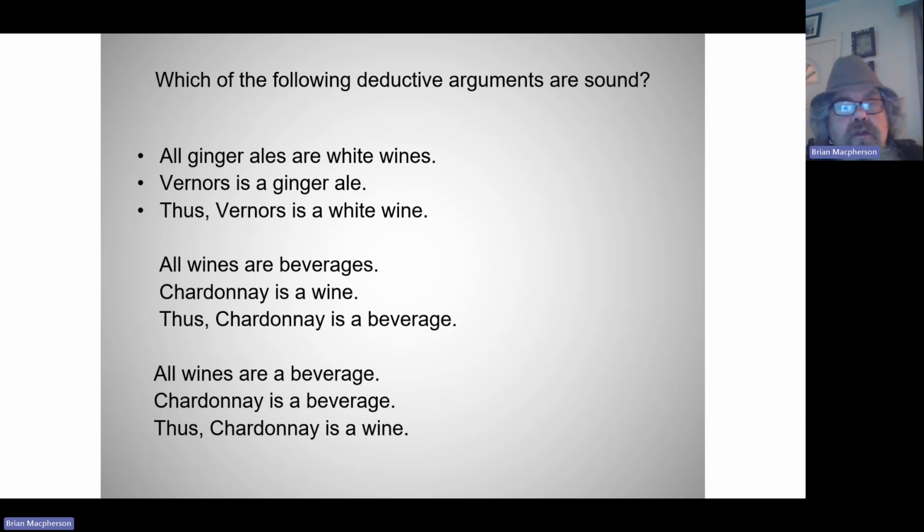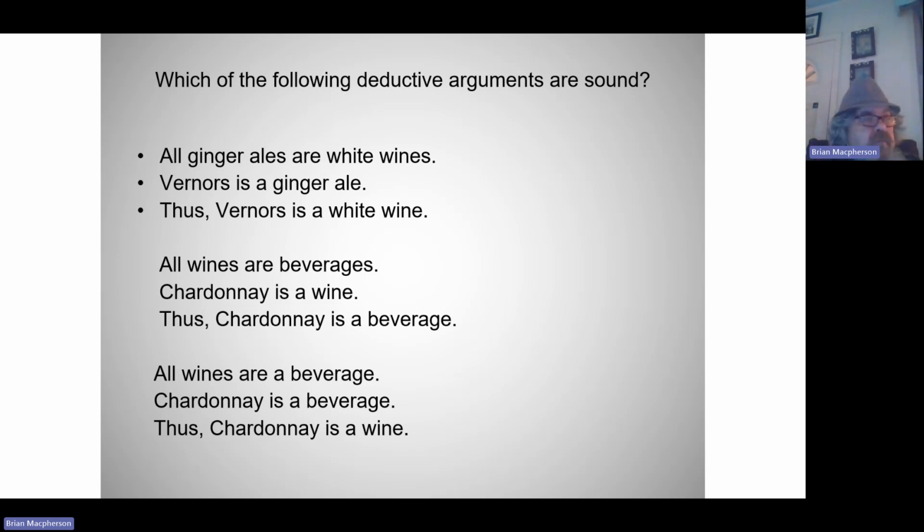However, even though the premises are true, the argument is still invalid. It's possible for the premises to be true and the conclusion false. Even if all wines are beverages and Chardonnay is a beverage, it doesn't follow that Chardonnay is necessarily a wine.